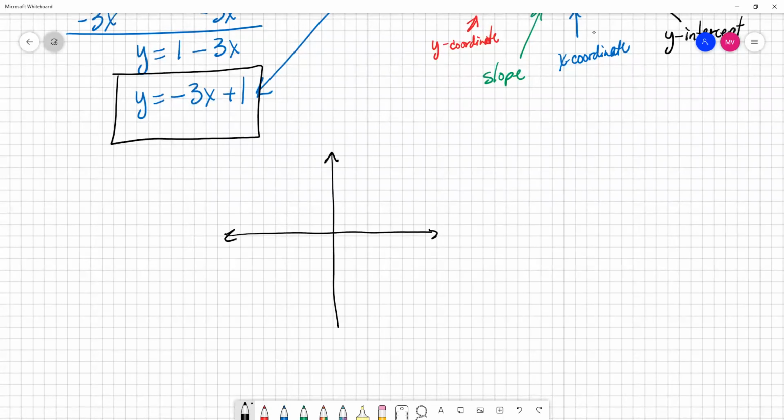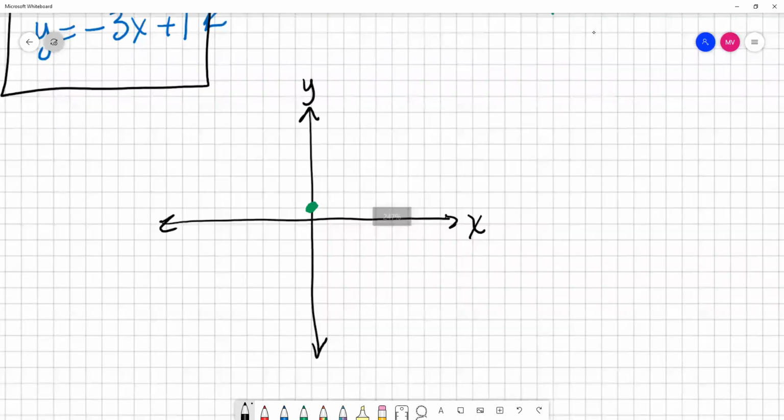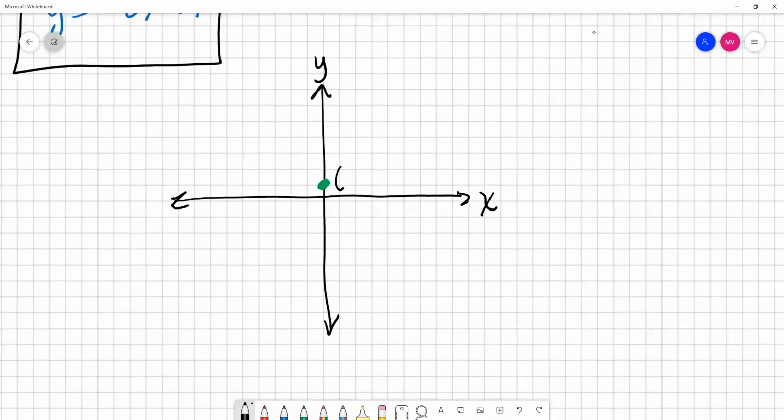And you know that because of your slope-intercept equation. So right here at positive 1, that's where it intersects. So what is the coordinate there? 0, 1. It is x is 0, y is 1. So that gives you one coordinate.